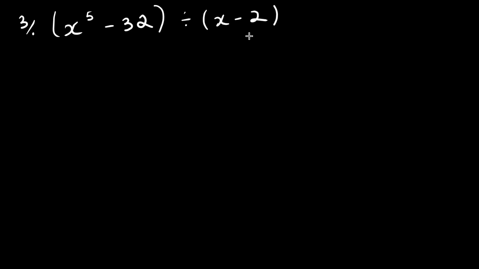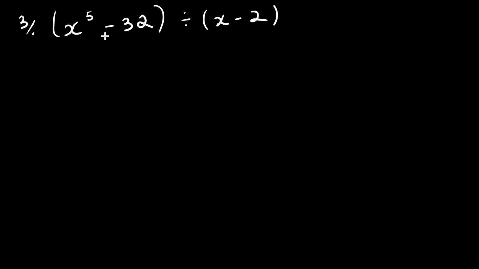The third one that we're going to have a look at is x to the 5th minus 32, all divided by x minus 2. That's our divisor. At this point, you've picked up and you have the gist, right? Once you have missing powers of x in your polynomial, you're going to fill them out with placeholder values, right?